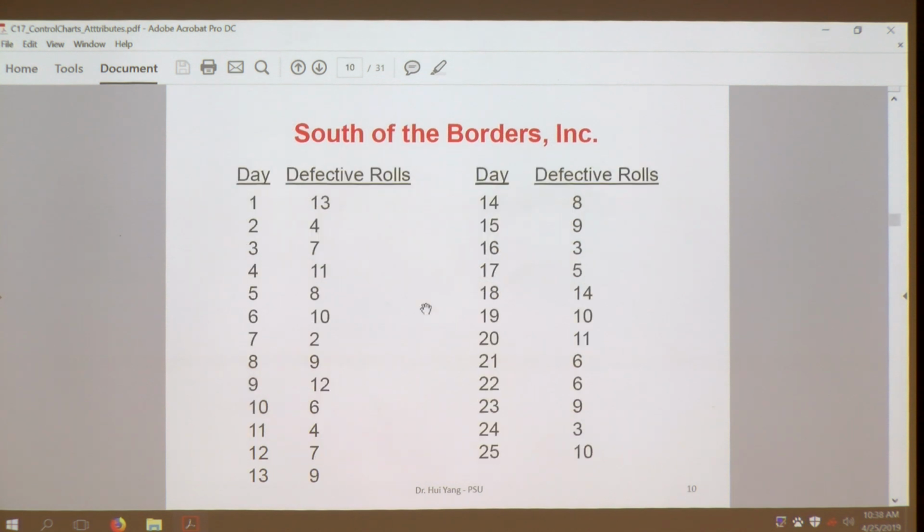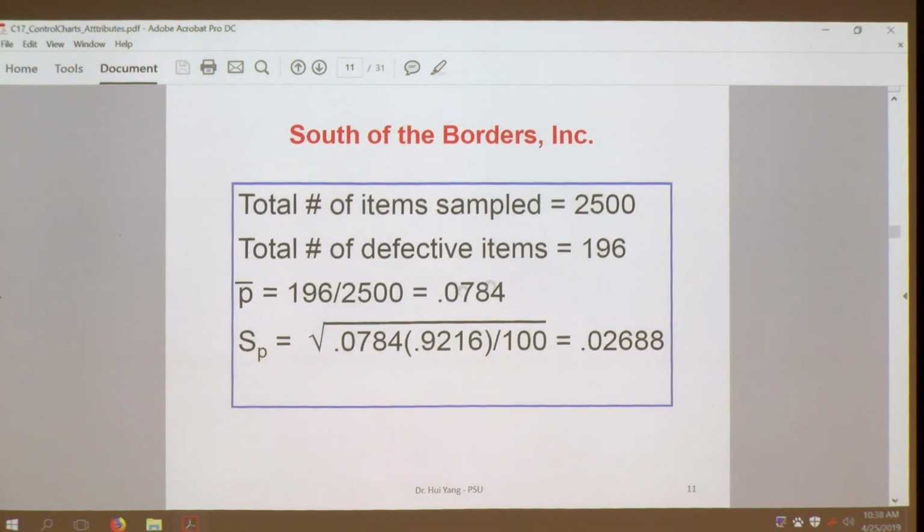Now this is the data, South of the Borders Inc. Every day, we have 100 rows, and this is the number of defective rows in day 1. And then what is the total number of defective rows? We add this column together, and we will be able to get the number of defective rows. Total of items sampled, 2,500.